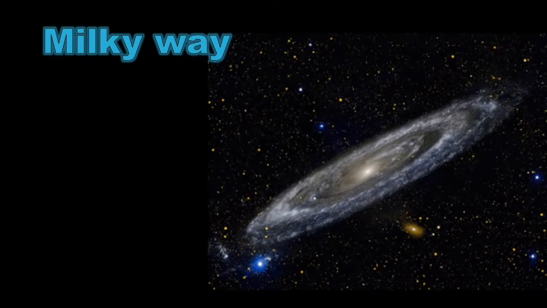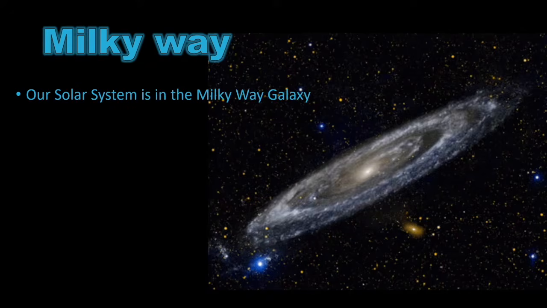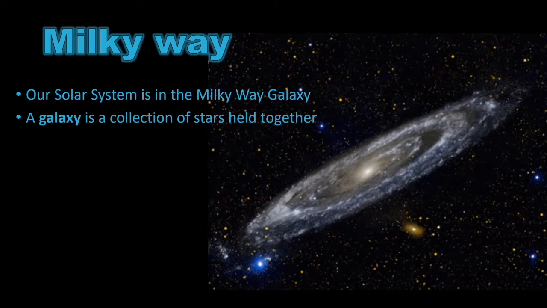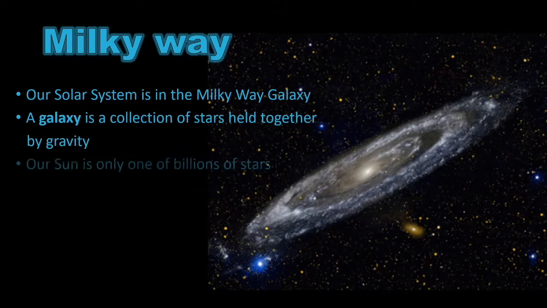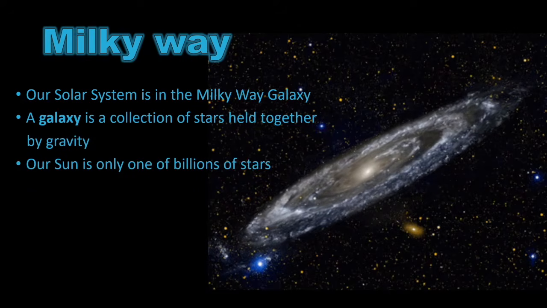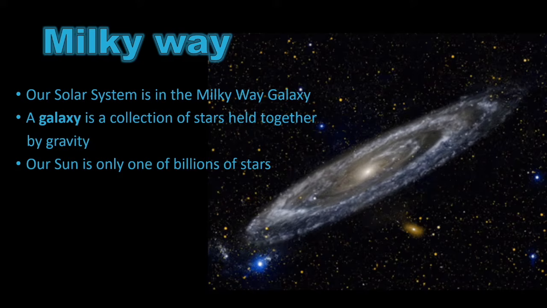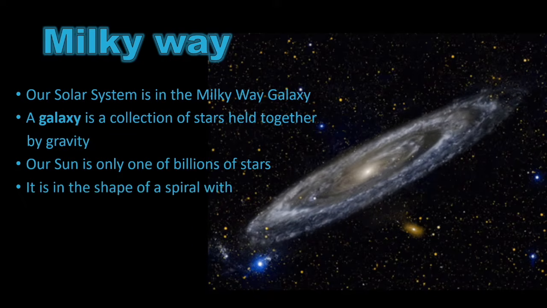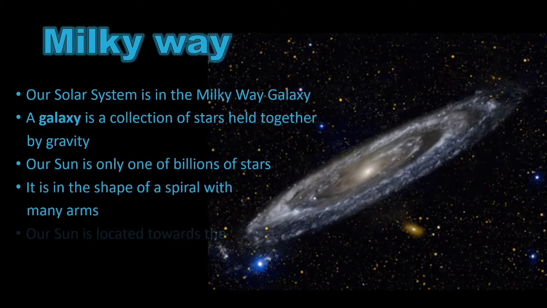So our Milky Way. Our solar system is found in the Milky Way galaxy. A galaxy is a collection of stars that's held together by gravity. Our sun is one of billions of stars found in the Milky Way galaxy. It has a spiral shape and quite a lot of arms.